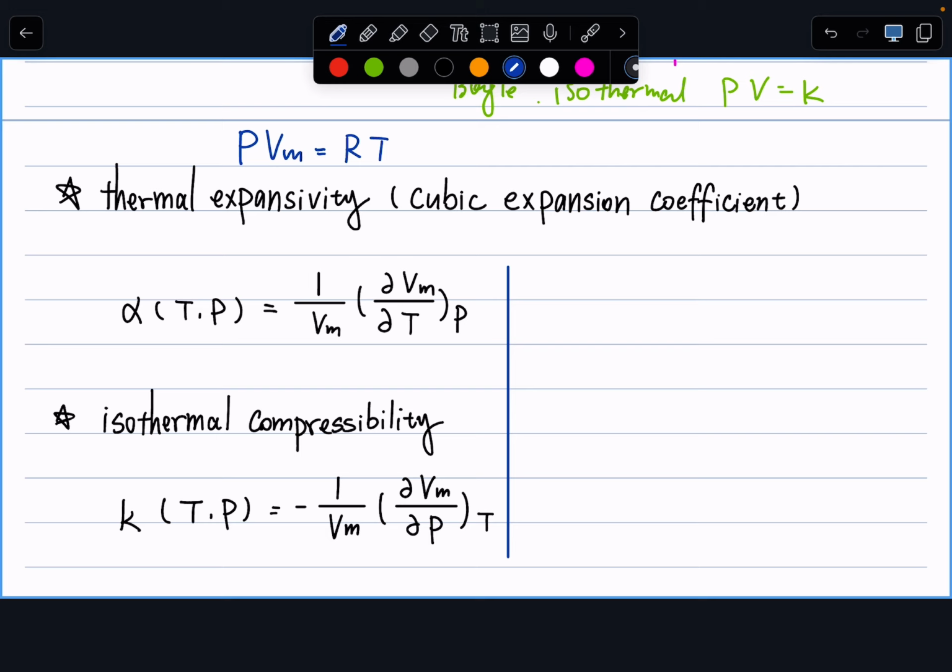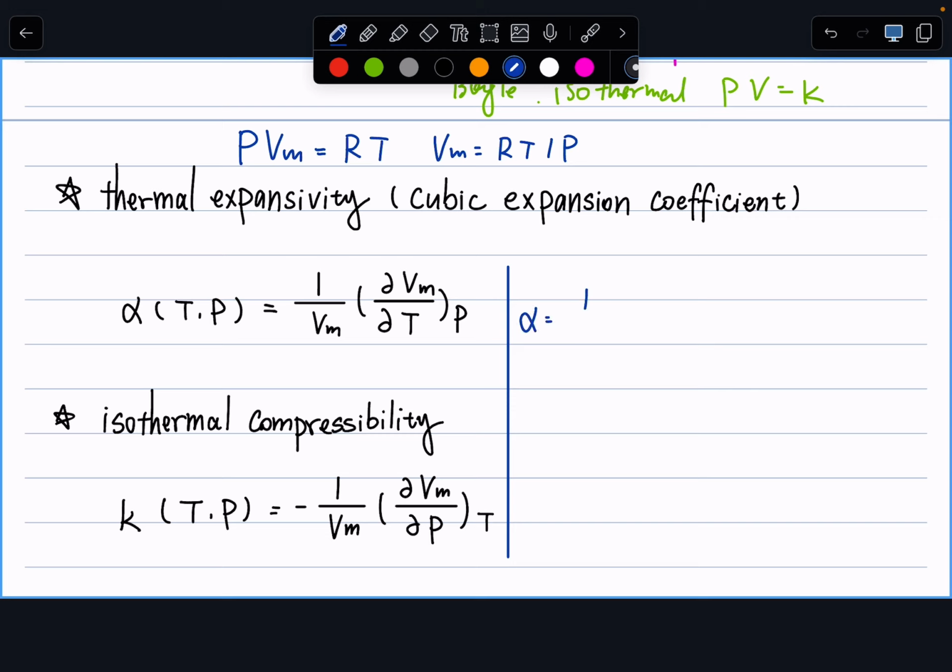Now, can we quickly solve for alpha and kappa for an ideal gas just to get an idea about the unit of these coefficients? We can write Vm as RT over P. This should be quite straightforward.